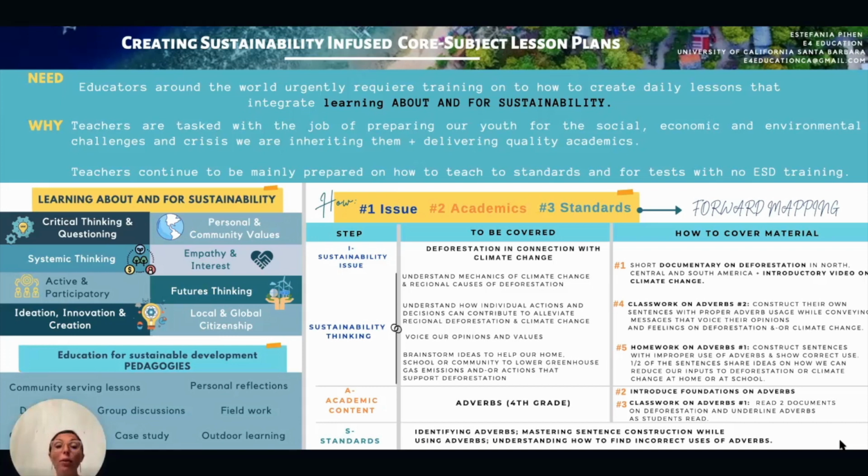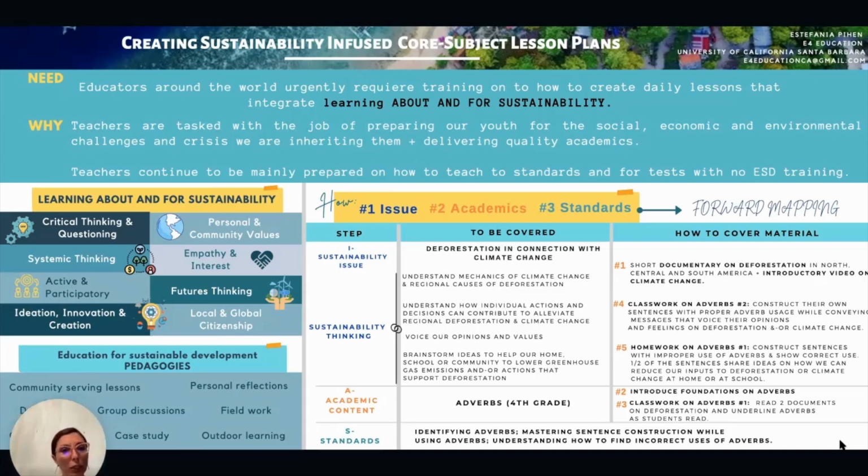Even while they're in-service teachers, there's very little training on education for sustainable development, and also on how to create daily lessons, how to conceive and deliver learning activities that have truly integrated learning about and for sustainability.